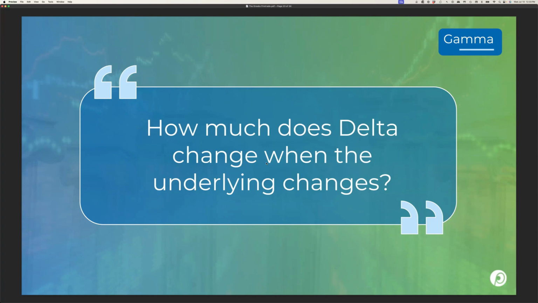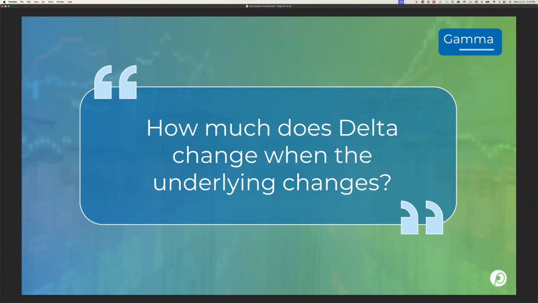And once you feel that you've got a grasp on delta and theta, then you can move on to gamma and vega, which we're going to cover next, which, like I said, is important, but they're going to have a much smaller effect on the value of your option than delta and theta. So make sure that you understand delta and theta before you move on, because those are the two most important Greeks for trading options.